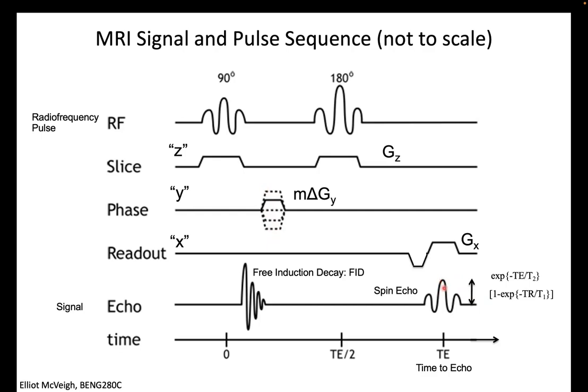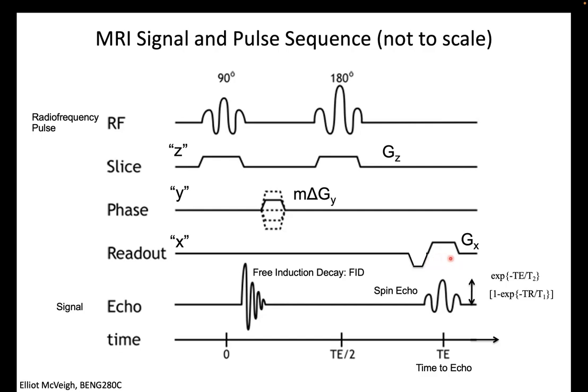And during this readout of this signal, we will turn on a gradient in the X direction while we're reading the signal out. And what this does is it makes things on the left side of the patient resonate at a different frequency than the middle, and a different frequency than things on the right side of the patient.